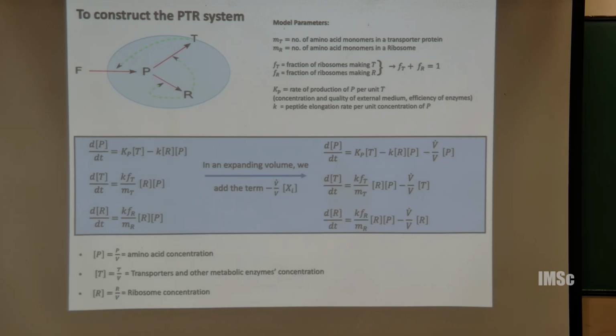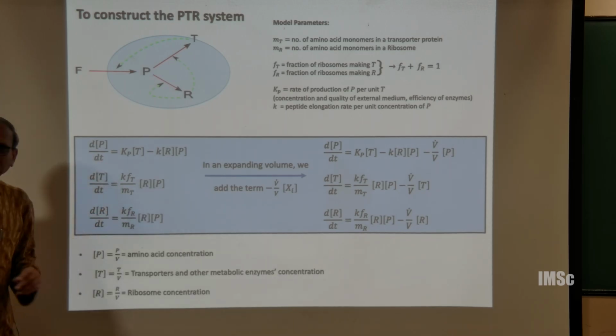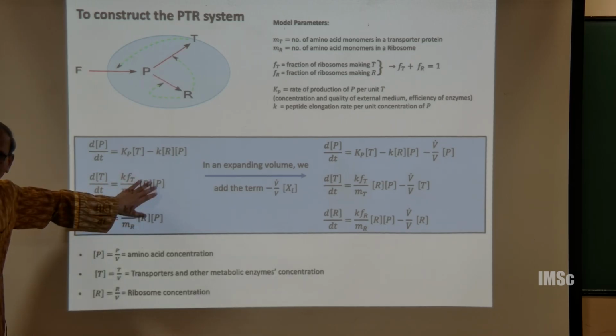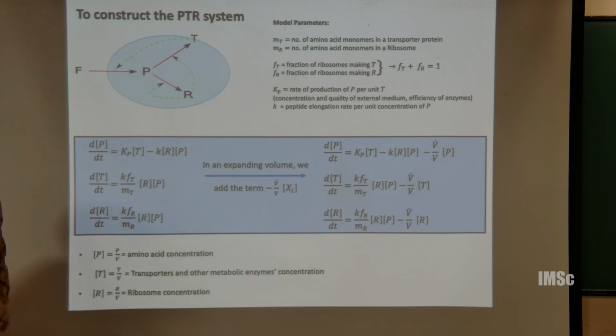True, I'm ignoring the RNA. In this coarse-grained model, we are ignoring the fact that RNA has to be separately produced through the genes. We are basically saying that all that will adjust according to the rates that are required for this process.